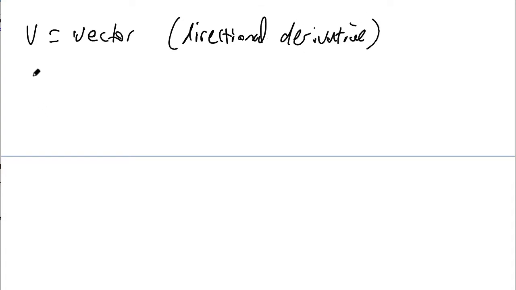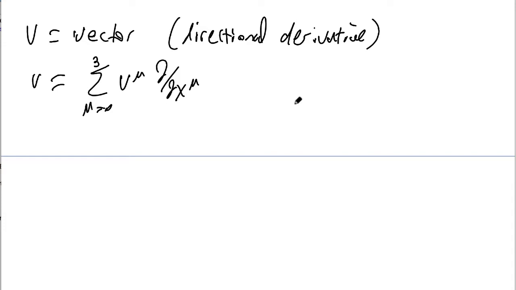So we can expand this vector in a linear combination of basis vectors. So we would write V equals the sum over V mu d by dx mu, where mu ranges from 0 to 3 in the context of space-time. And the basis vectors associated with the coordinate system x mu are these operators d by dx mu.